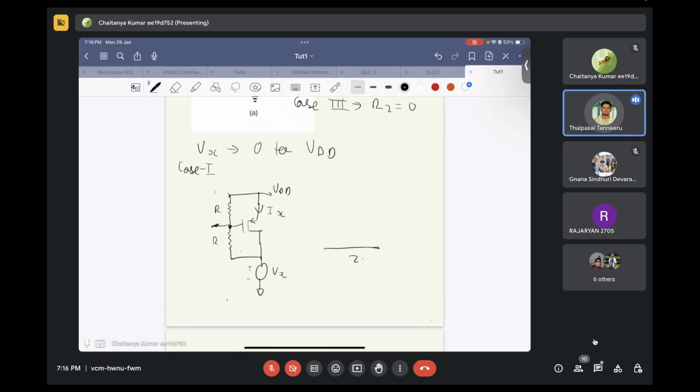Sir, then it would be VDD by 2. Then what about Vx? So you mean to say whatever change you do in Vx, this voltage Vg won't change, is it? No, sir, it would be Vx plus VDD minus Vx by 2. Correct.